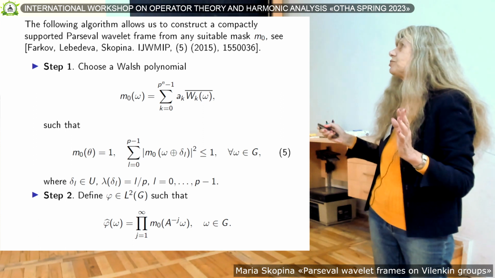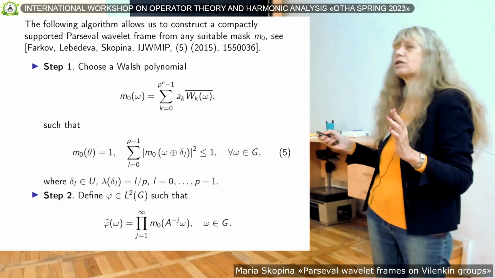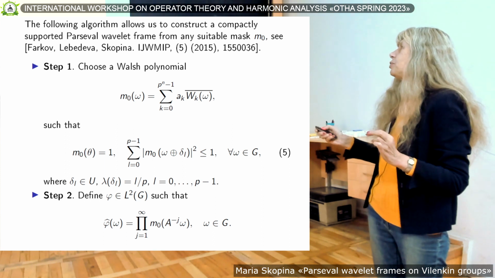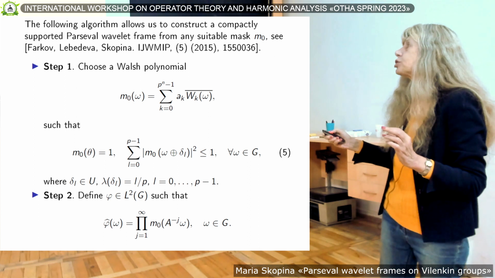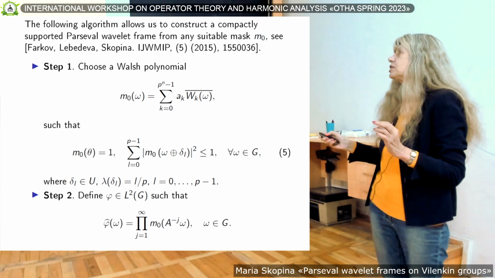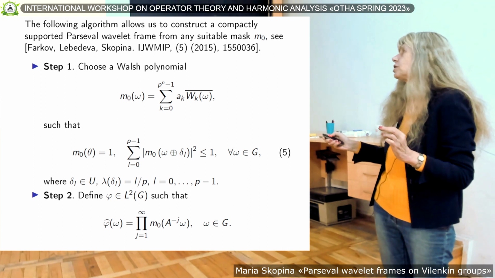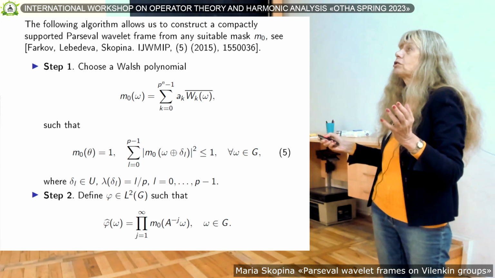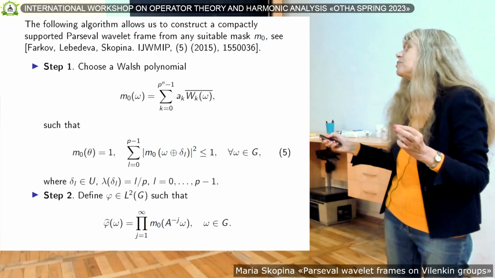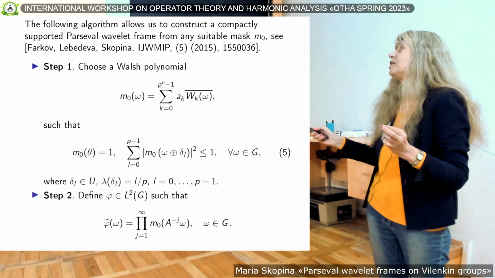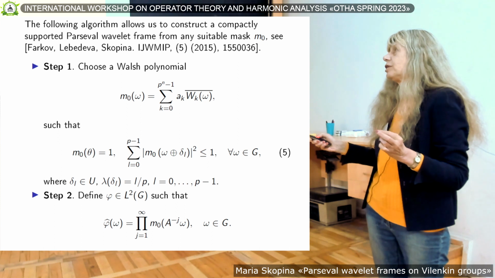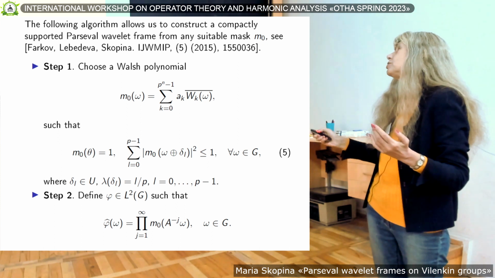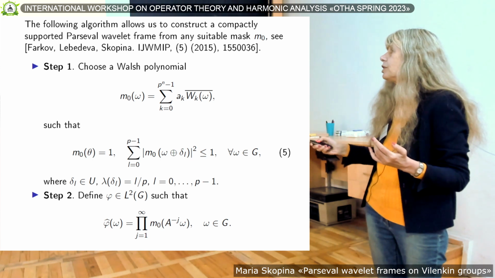Next, it was known how to construct compactly supported functions. Step 1, we take an appropriate Walsh polynomial. Appropriate means these conditions are satisfied, and it is very easy to satisfy this condition, just a small amount of values. M0, a Walsh polynomial, is defined by a finite number of values, so they should be small enough.